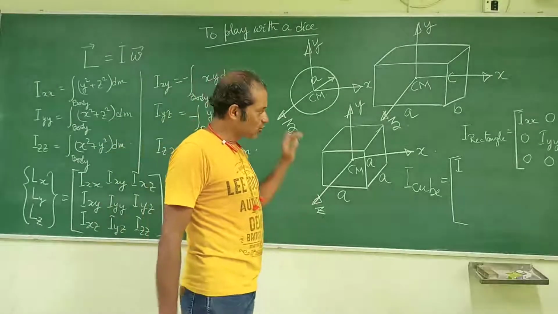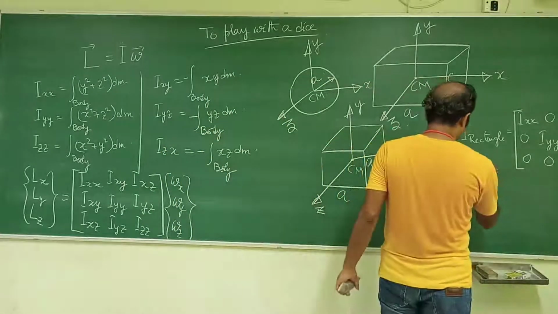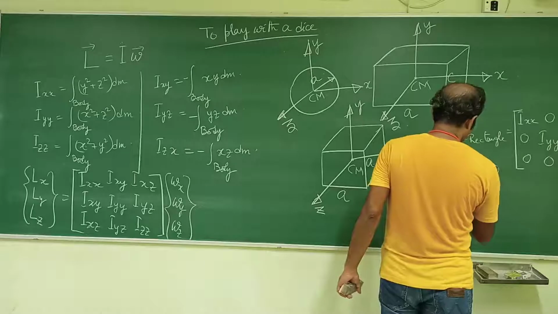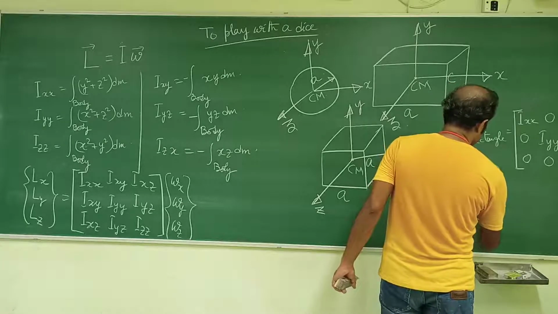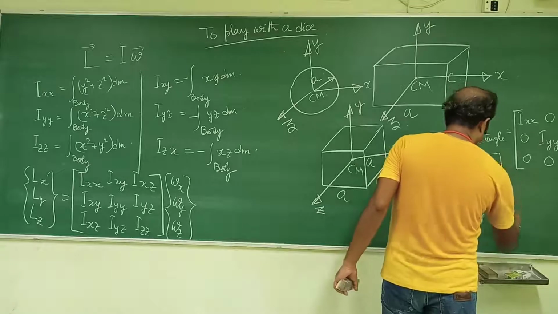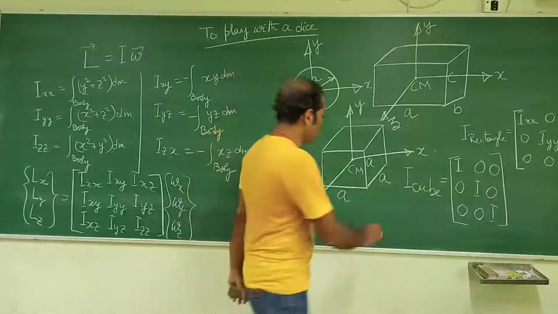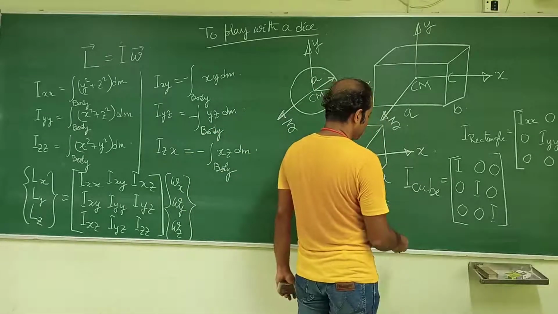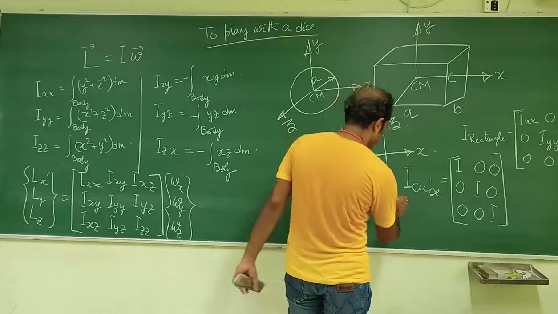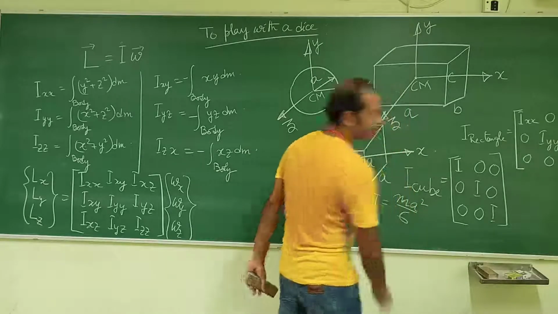Not at all. So all these terms are going to be the same. So it is going to be I 0 0, 0 I 0, 0 0 I. And what is the I value? If the side is a, I think I is going to be m a square by 6.